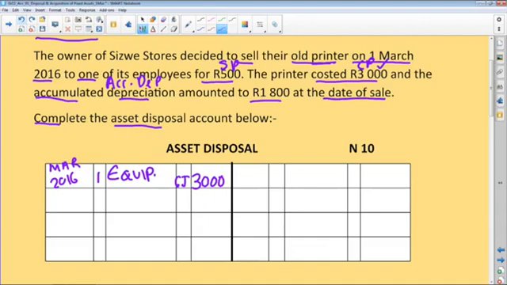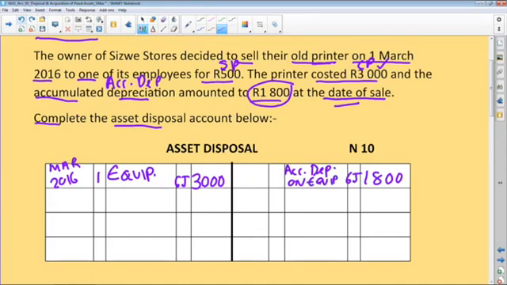Now let's go to accumulated depreciation. My accumulated depreciation at the date of sale amounted to 1,800, so on the credit side of this account, 1,800. Once again, a general journal entry would have been made. The other account affected will be accumulated depreciation on equipment.